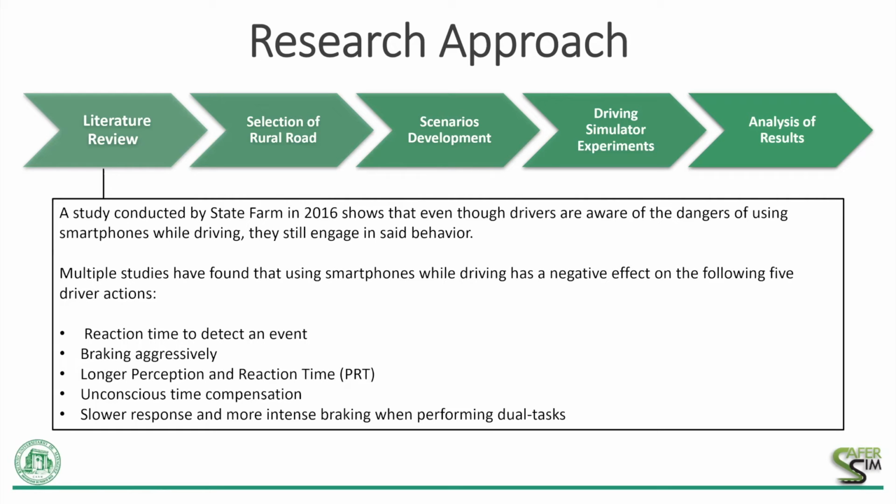And finally, slower response and more intense braking when performing dual tasks. So these are all negative effects that are caused by smartphone distractions. So next.